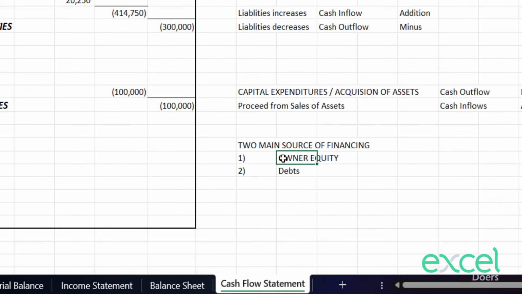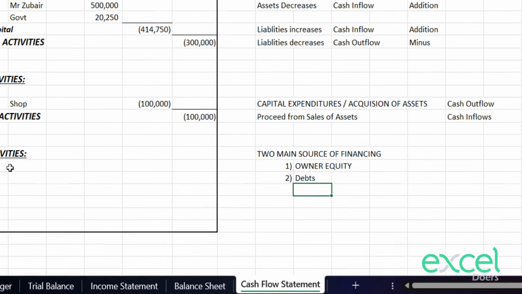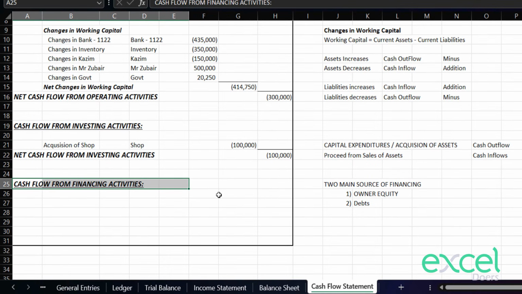If you are partners, you can jointly invest in your business, right? Or you can go to the bank and you can take the loan or debt on the interest, right? So two ways of arranging the money. So now in this section of the cash flow from financing activities, we will be discussing the cash flow management which are related to either equity or the debt.